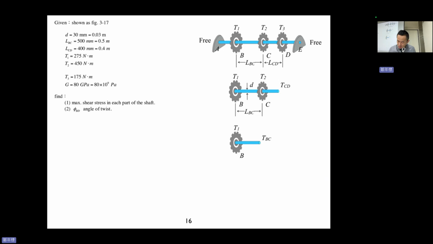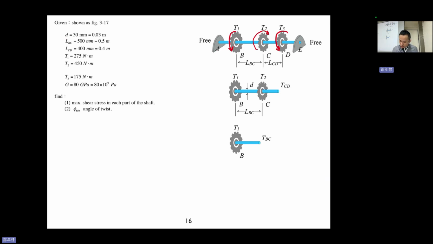And you have T3 looks like this, T2 looks like that, T1 looks like this, and there are three of them. So nothing is fixed here, and we are discussing the equilibrium state, stable state. Which means that this shaft is not rotating.